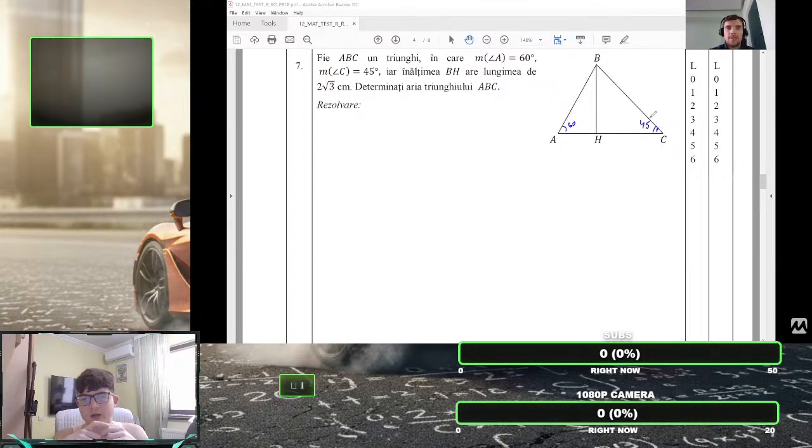So we do Pythagorean and we'll understand what is AB, and then we'll do kind of the same stuff with our triangle. Right there is going to be 45 and 45, so it's going to be like HC is equal to BH, so work with that. And we're basically going to find out what it is.